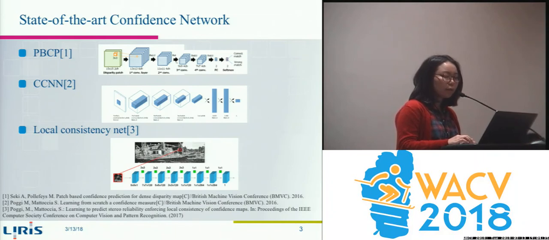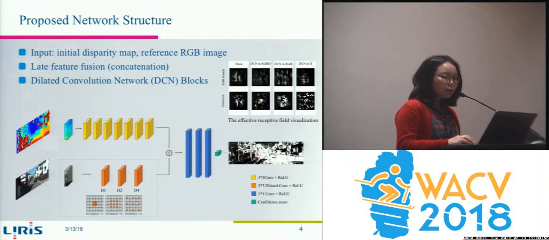Recently, convolutional neural networks have been introduced to confidence prediction, and all of them achieve better performance than conventional ones. The state-of-the-art confidence networks only use one data cue as input, while there are other data cues used in conventional confidence measures.